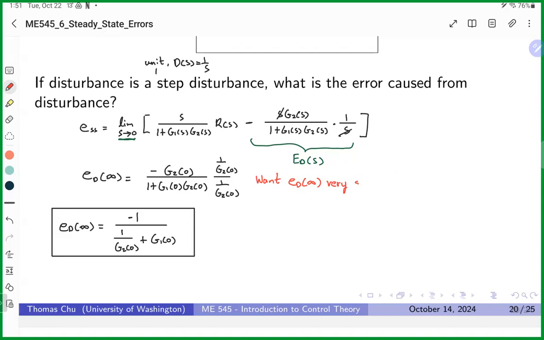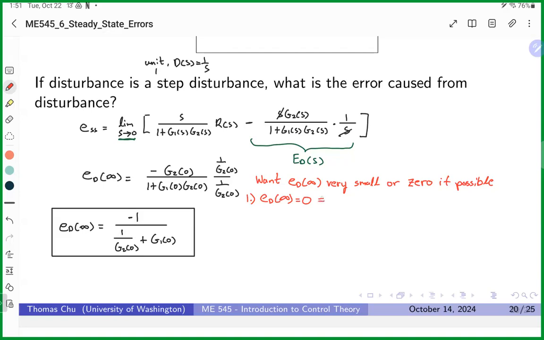So for this to be 0, we need this denominator term to be infinity.